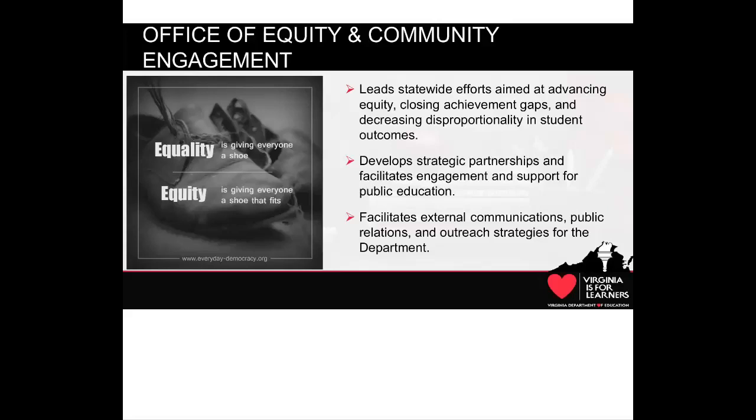She is a growing girl, so she needs 4 bananas in order to be full and ready to go to school, eager to learn. I only need 2 bananas because I'm an adult and I don't need as much sustenance in the morning. What is equal is for me to give us both 3 bananas. But when I am practicing equity, I give her 4 bananas because she needs 4, and I give myself 2 because I only need 2.